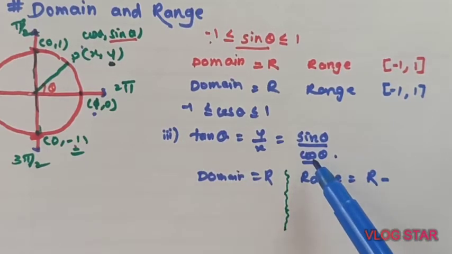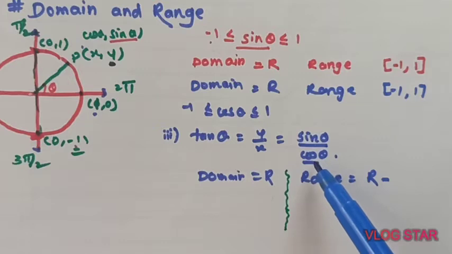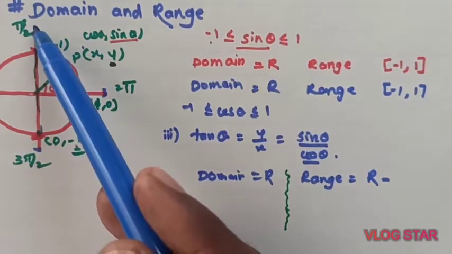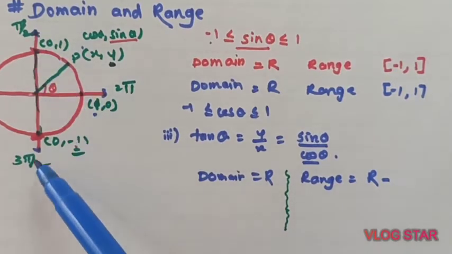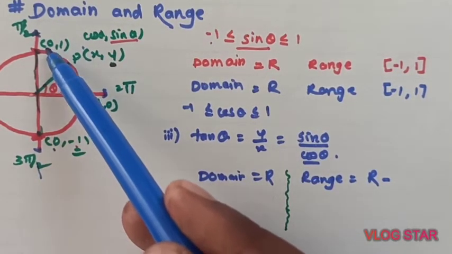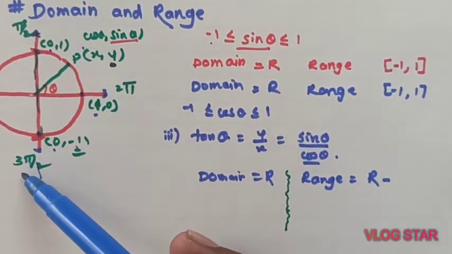And you know, as discussed in an earlier video, cos theta becomes 0, meaning the x coordinate is 0, whenever the angle is on the y-axis. What are those angles?